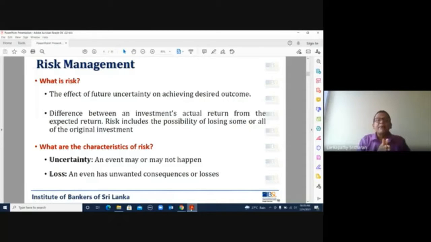But there may be some future uncertainties. What are those uncertainties? Vehicle breakdown, or traffic block, or meeting with an accident. These types of uncertain events, future uncertainty, is called the risk.